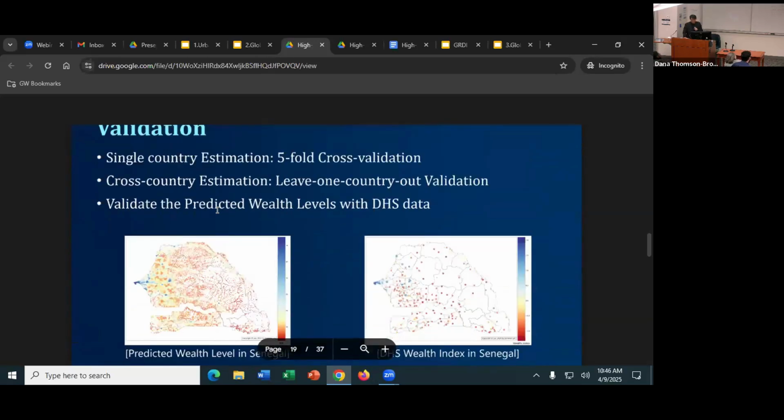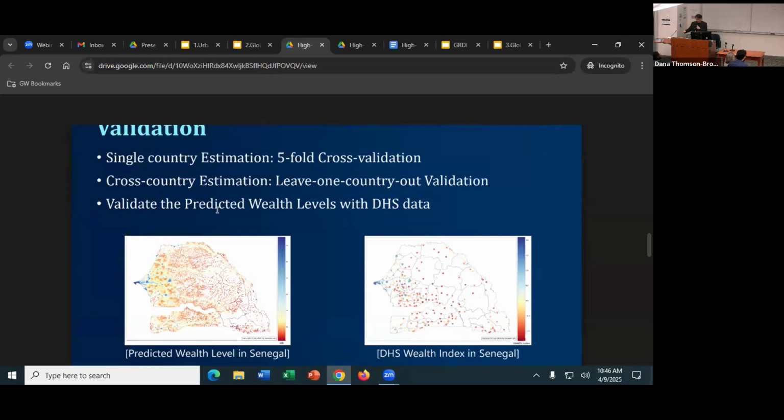Think about what I'm trying to do. I want to create a cross-country estimation model. So here's what I did. We have 25 countries' data. I left out one country's data, trained the model with 24 countries' data, and compared the result with the left out country.